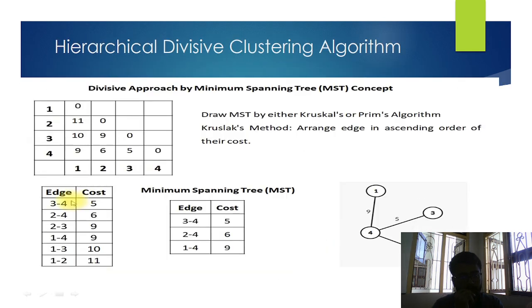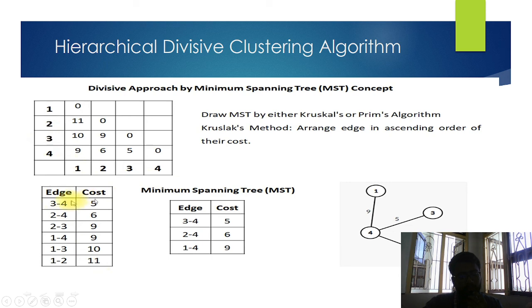I'm just going to revise again here. What is Kruskal's algorithm? Arranging the edges in ascending order of their cost. In this table you have seen the edge costs, and we have to arrange them in ascending order. We take the smaller ones so we don't get the larger ones.